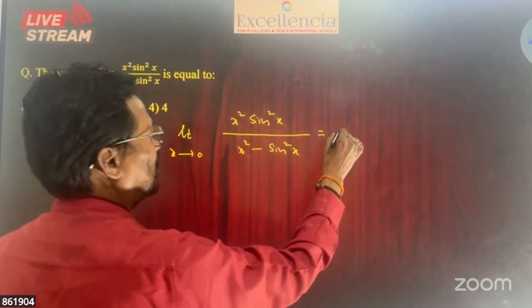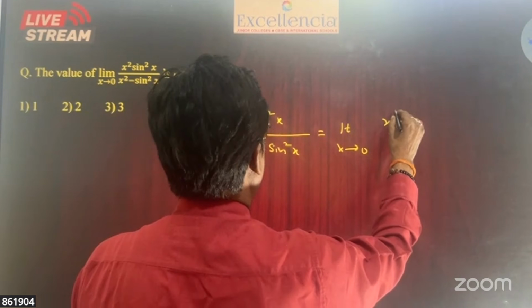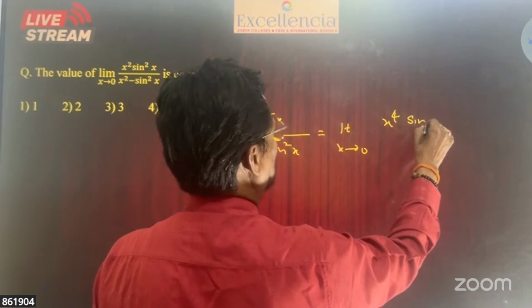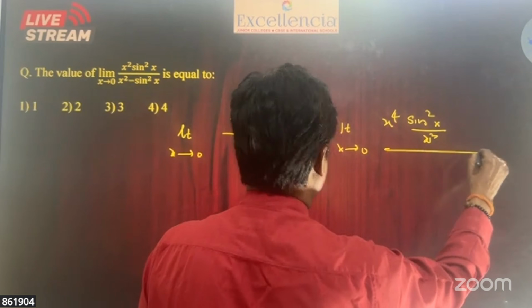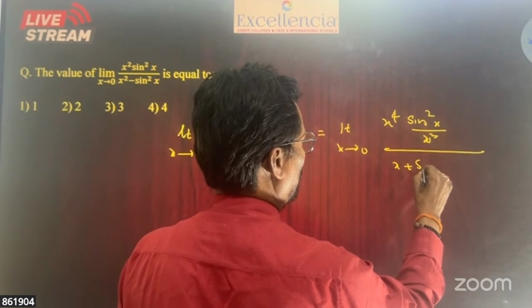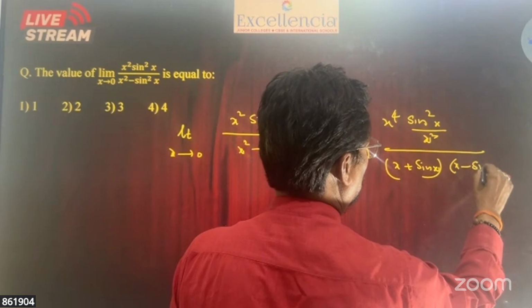So we can write this as limit x tending to 0 of x power 4 sine square x by x square, and here (x plus sin x) into (x minus sin x).